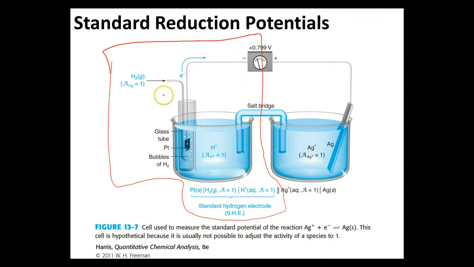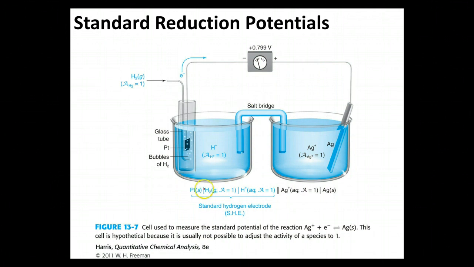Okay, but let's take a look at this. We actually have a lot more information than we were given last time, and you can see that showing up down here in our cell notation. Just looking at this notation, we know we go from a solid platinum wire, we see that right down here, to having H2 gas bubbling across with its activity equal to 1. Let's remind ourselves what that means.